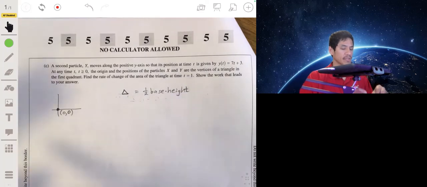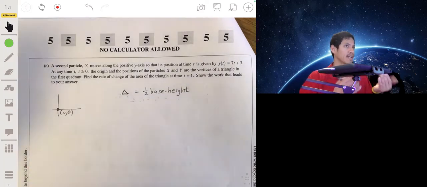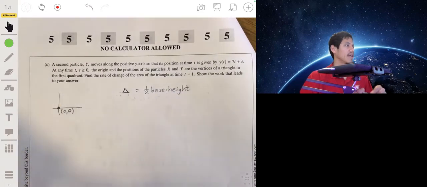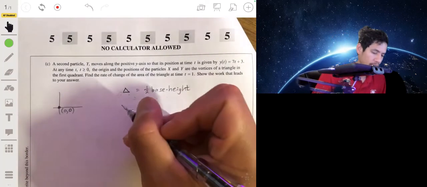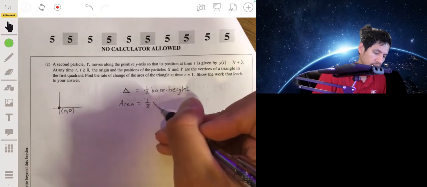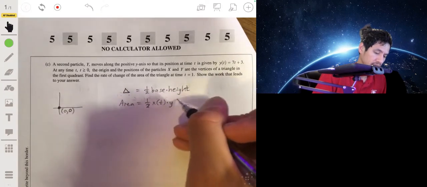Then that'll represent the height in this formula. We can plug in the y of t function for this, and then that'll give us the area. So let's put area is equal to 1/2 x of t times y of t.